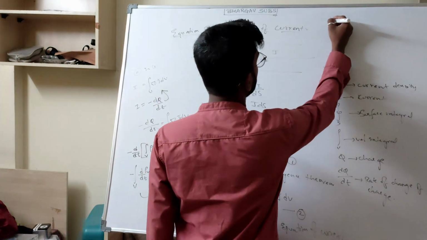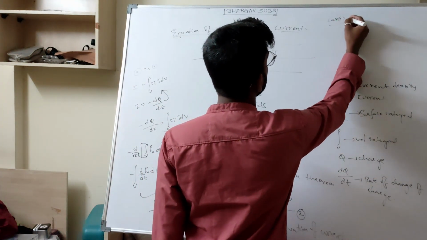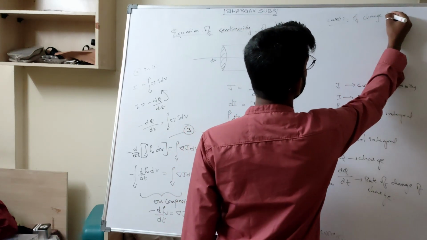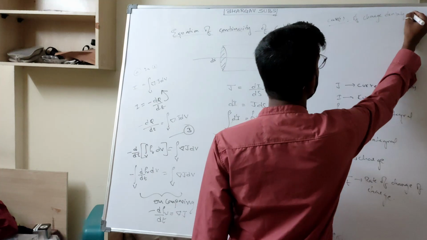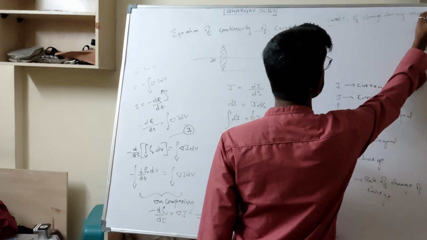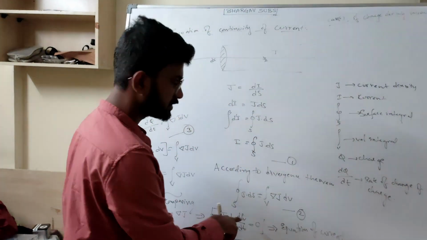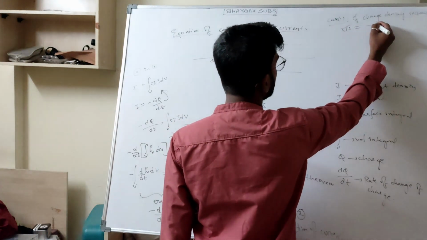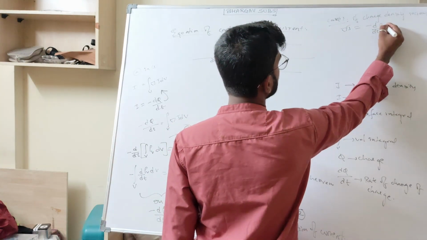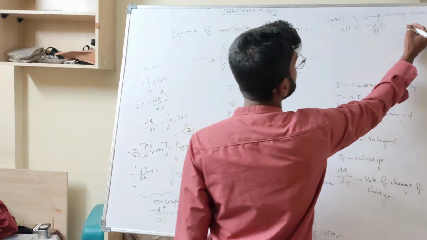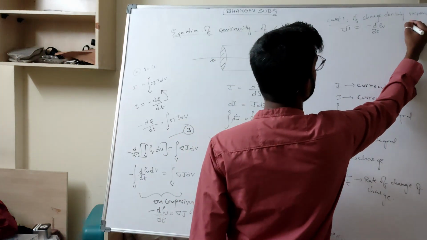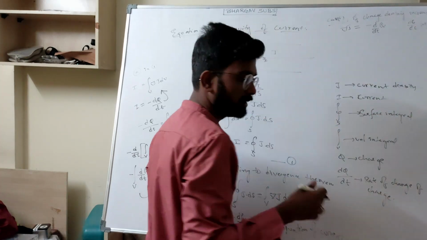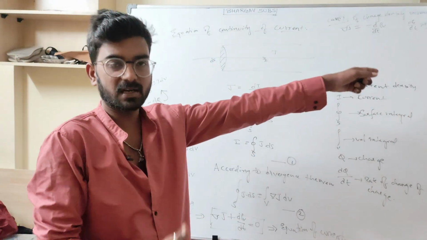So first, case 1: if charge density increases, okay, if charge density was increasing, then gradient j is equal to minus d by dt of rho v. So if charge density increases, d rho v by dt is greater than 0, okay, it was increasing, so the differentiation is greater than 0.